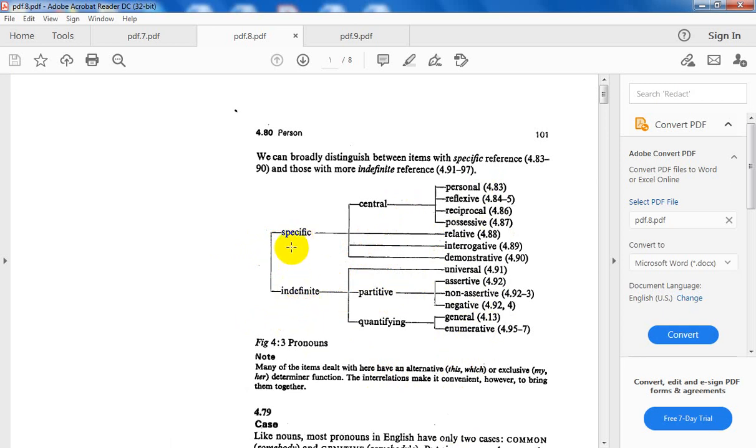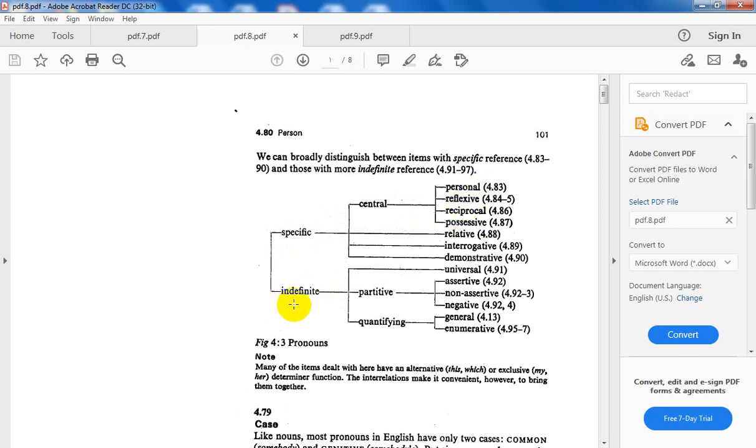The specific are subdivided into central, relative, interrogative, and demonstrative. The central pronouns are subdivided into personal, reflexive, reciprocal and possessive pronouns. The central, which is a branch of the specific, have 4 subclasses of pronouns.